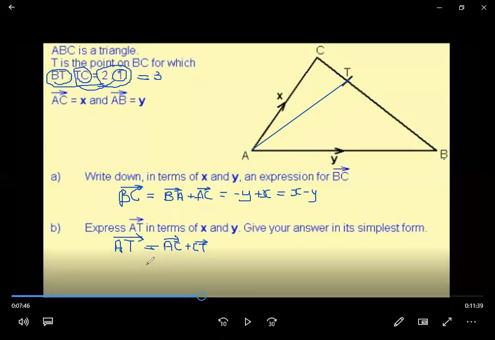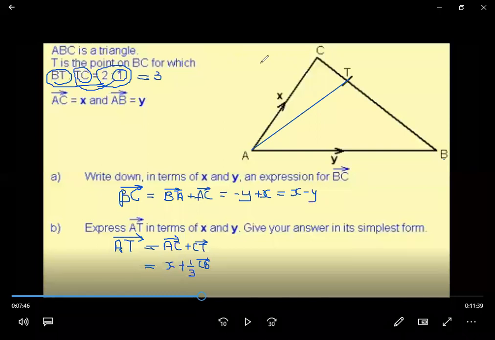Okay, so now what is CT equal to? CT is 1/3 of CB.